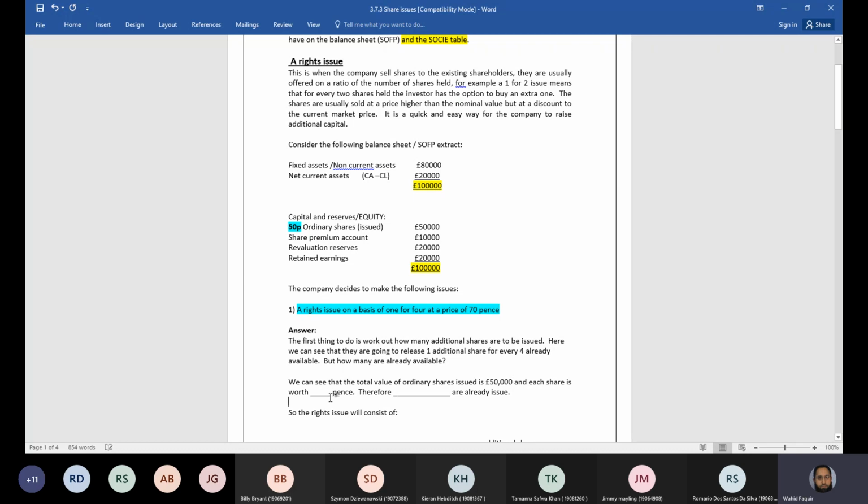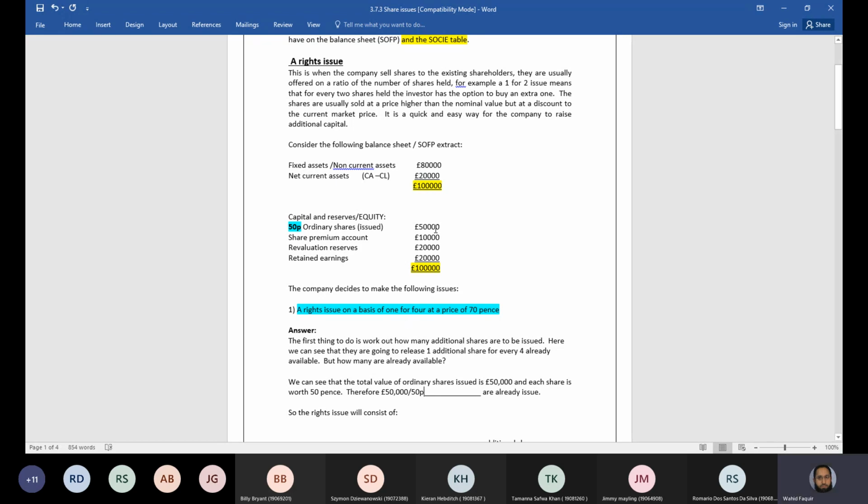Each share was 50p. Therefore, how many have been issued? How do you work this out? Let me just do that.